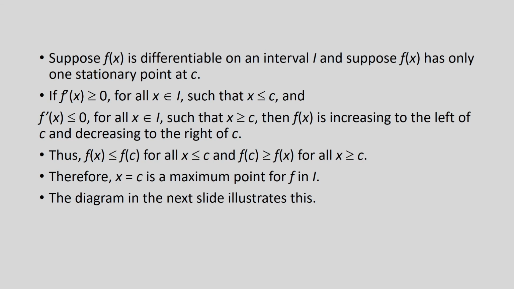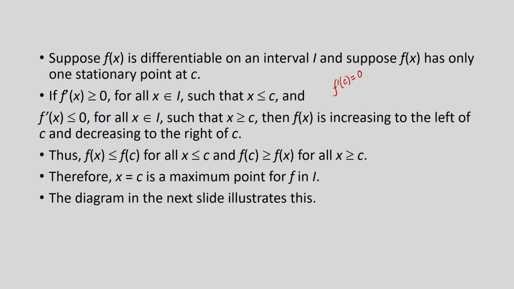Now, suppose f x is differentiable, so the problem of differentiability is not there, on an interval I, and suppose f x has only one stationary point at small c. So, just one stationary point is there. That basically means that f dash of c is equal to 0.